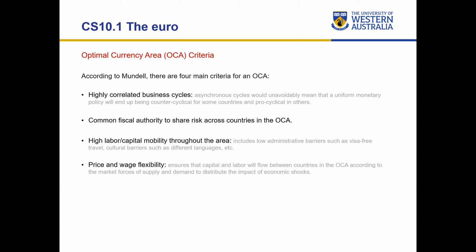Over the last 15 or so years, there's been numerous examples of the German economy in particular being very, very strong, whereas Portugal, Italy, Ireland, Greece, and Spain, the PIIGS countries, you may not have heard that expression.